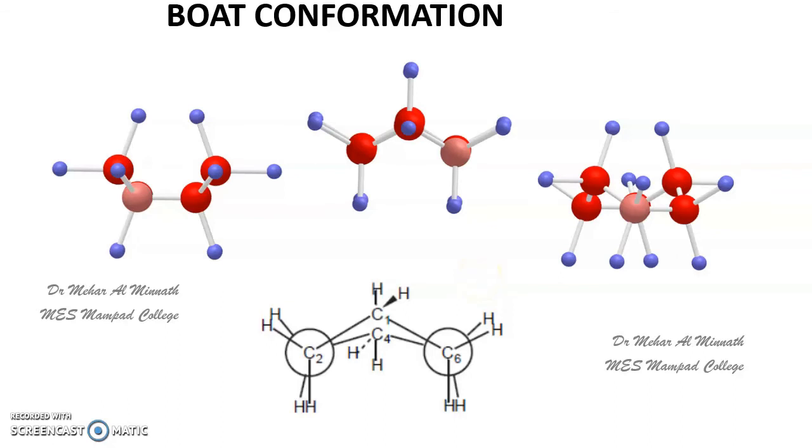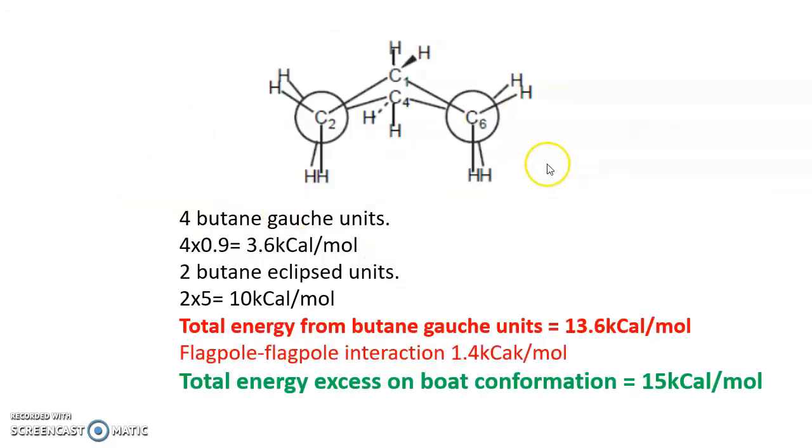Along with these strains, there will be the gauche unit strain also. Now we've said there are 4 butane gauche units, which will make up almost 3.6 kilocalories per mole.